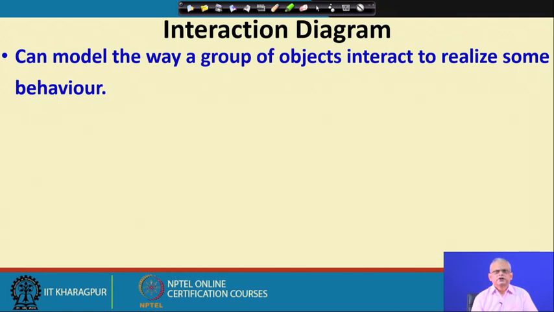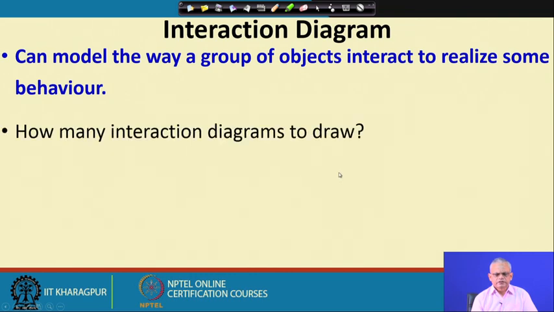So, we model here using interaction diagrams that when a use case executes, what are the objects that take part and what messages they interchange among each other. But the question here is that when we model a system, how many interaction diagrams do we draw?